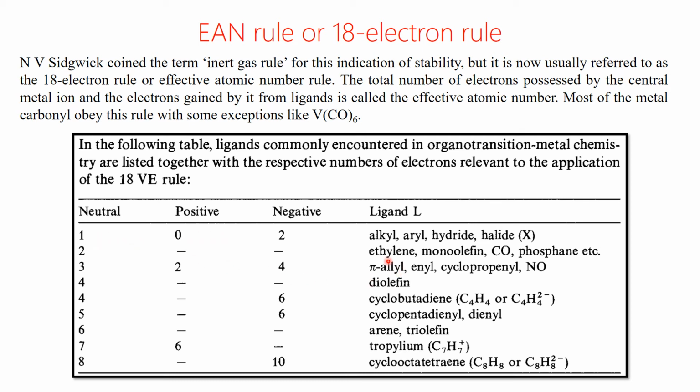Ethylene, C2H4, monoolefin, carbon monoxide, phosphine, etc. These ligands are always neutral and 2 electron donors. Cyclobutadiene is a 6 electron donor in the negative form and a 4 electron donor in the neutral form. The positive form does not exist. Cyclopentadiene, which is present in ferrocene, is a 6 electron donor in negative form and a 5 electron donor in its neutral form, and similarly the other ligands.